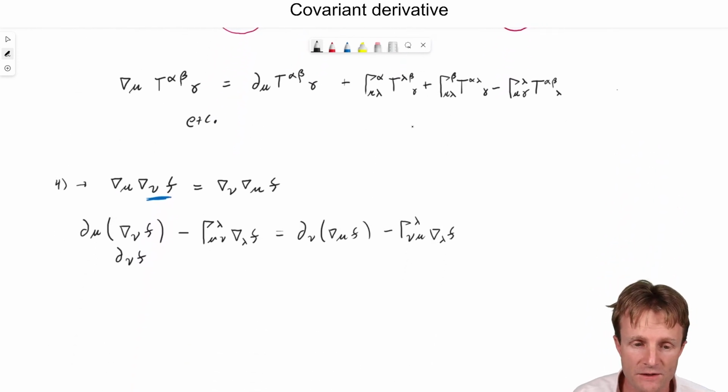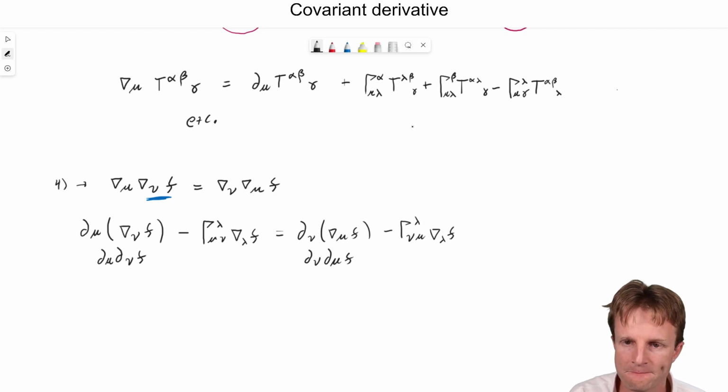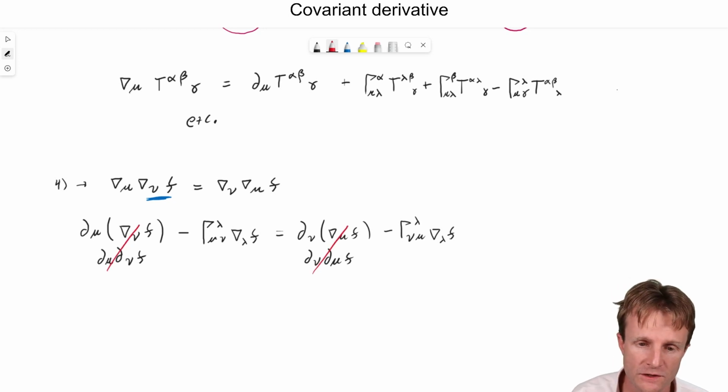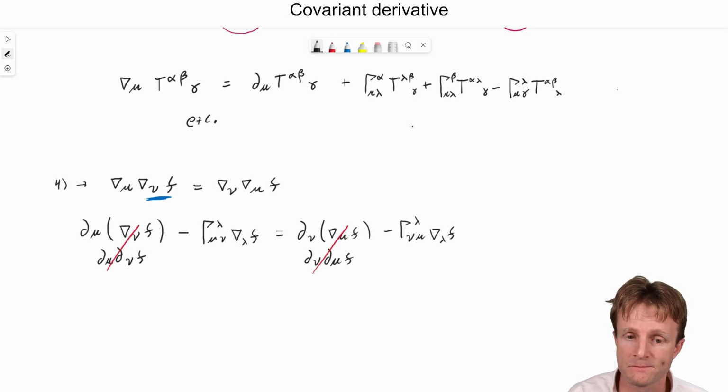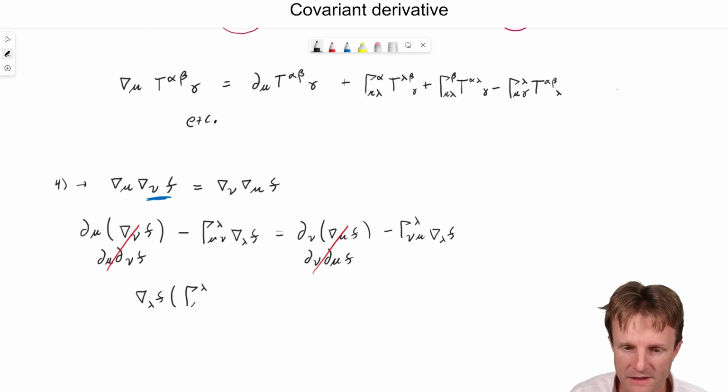And so what we have down here is just partial mu, partial nu f, and on the other side, similarly, partial nu, partial mu f. These are just ordinary partial derivatives, so by equality of mixed partials, these terms cancel. Now with the remainder, we can factor out the del lambda f and write it as del lambda f contracted with gamma lambda mu nu minus the same thing contracted with gamma lambda nu mu.